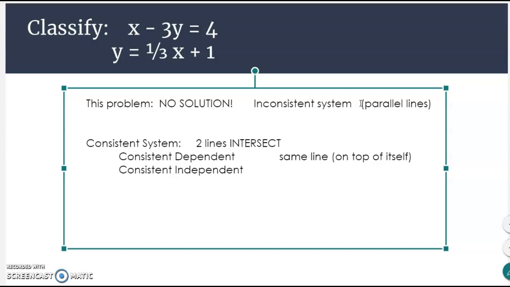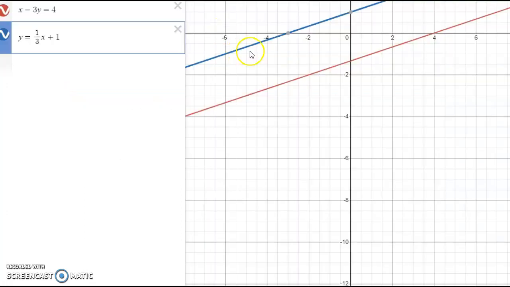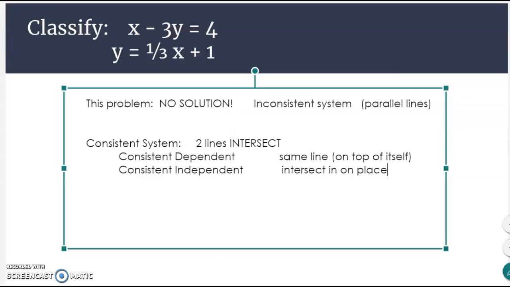Consistent independent means they intersect in one place. So there's actually one solution. The first two examples we showed would be called consistent independent. And again, we saw this looking at the graph. See how they are parallel lines. They never intersect.